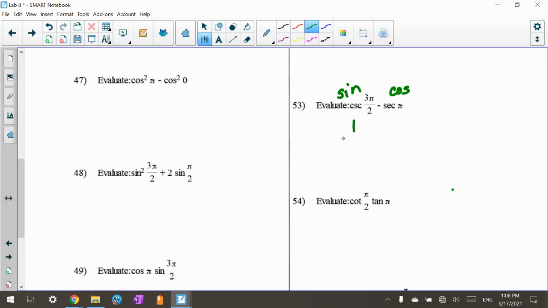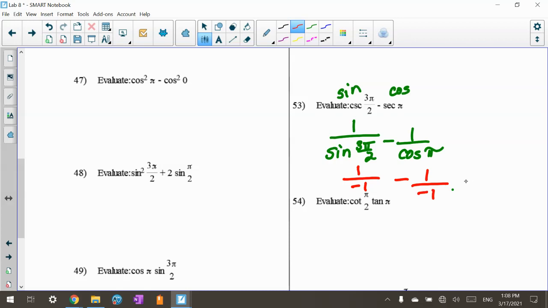So I'm just going to write 1 over the sine of 3 pi over 2 minus 1 over the cosine of pi, because they're reciprocals. And then put in what they are. The sine of 3 pi over 2 is my y value, so it's going to be 1 over negative 1 minus, and the cosine of pi, I know, is negative 1. So this ends up being negative 1 minus 1, or negative 2.